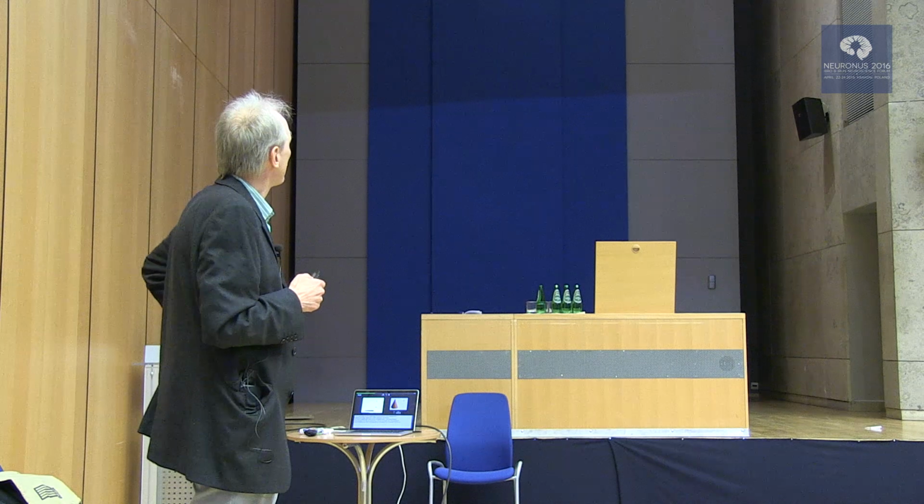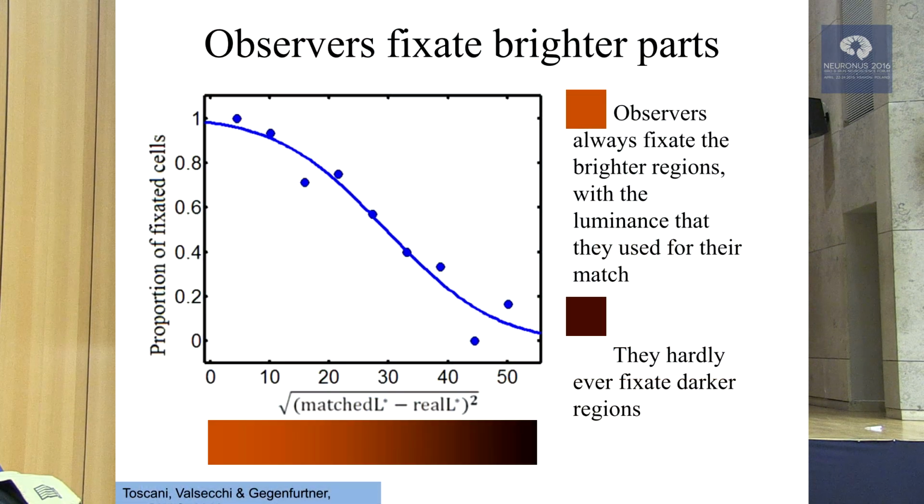To answer that question, we want to look at the eye movements, at the points where they fixate. What you can see here is that I've divided the local luminance values within the object into 9 different bins. Those regions that are very light, that are close to the maximum and close to the value that was used for the match of the observers, are almost always fixated.